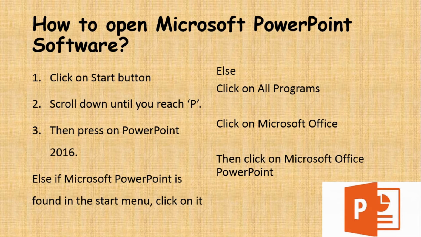Else, I will click on All Programs. Then I will click on Microsoft Office, and then I will click on Microsoft Office PowerPoint. PowerPoint has a symbol P and its color is orange.